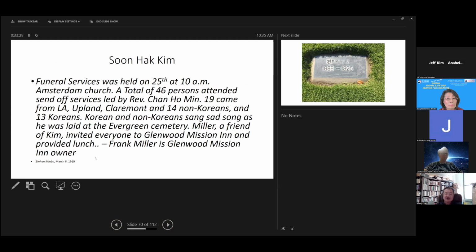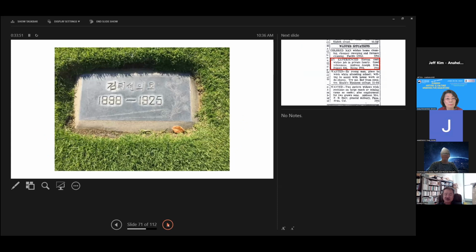Some of you may know that at the time, Korean Asians were viewed as second-class citizens. But Frank Miller was a very progressive individual who believed in egalitarianism, and he decided to invite all the guests to his Glenwood Mission Inn Hotel, which I found very interesting.